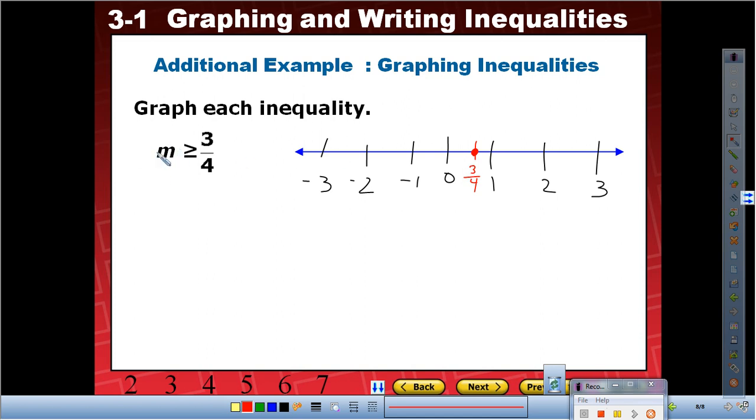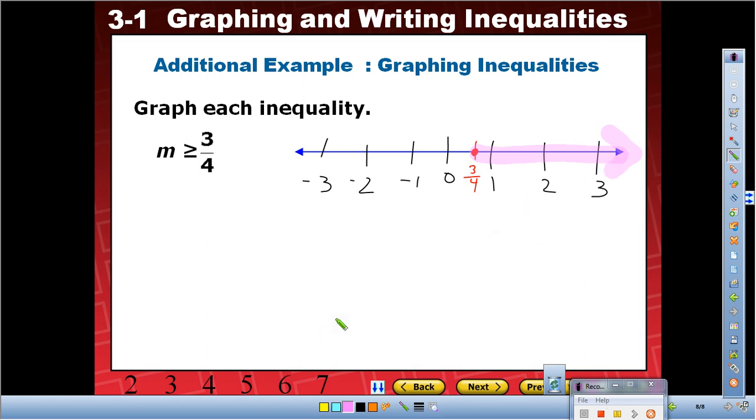It says, m is greater than or equal to 3/4. What numbers are greater than 3/4 from the ones that you look at here on the number line? That's right. 1, 2, 3, and everything this way. So therefore, you need to shade all this area over here as your solution. And make sure you draw an arrow at the end.